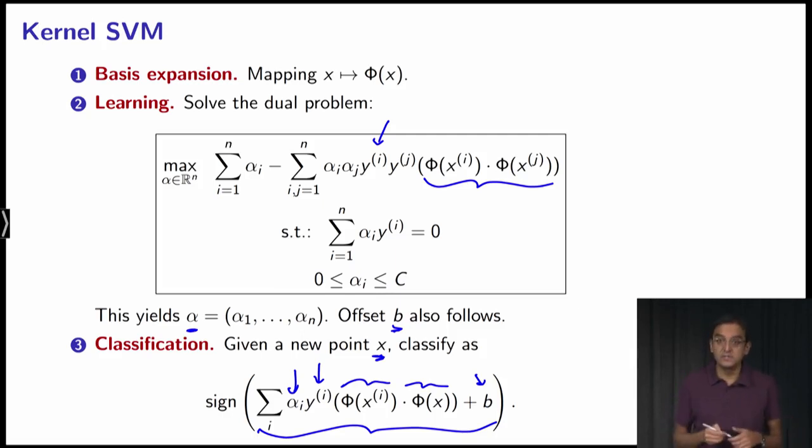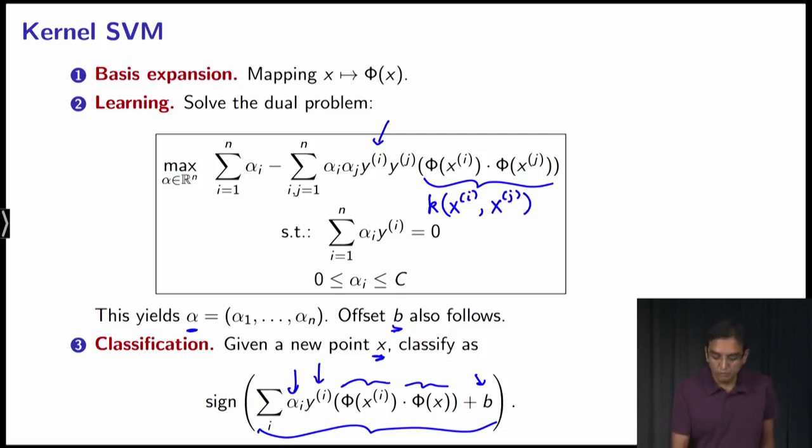All we ever use are these dot products. Okay? And in fact, this is the only way in which we ever look at the data. Our only access to data is through these dot products in the high-dimensional feature space. So these dot products really are the central object. So let's give them a special name. Let's take this dot product over here and call it k of the ith data point and the jth data point.